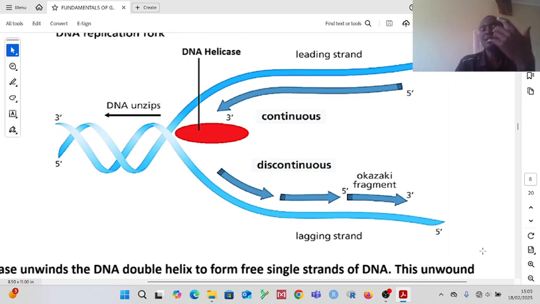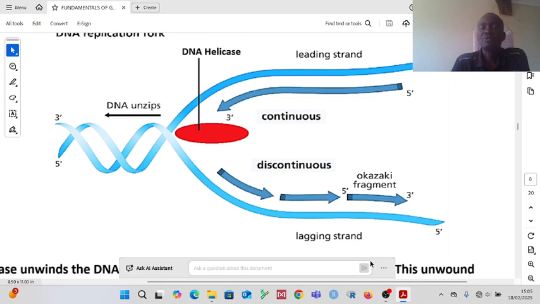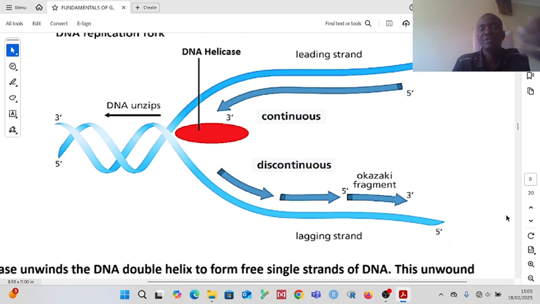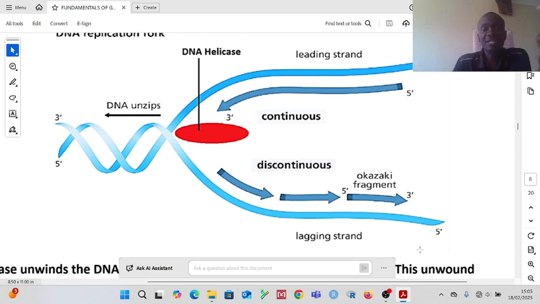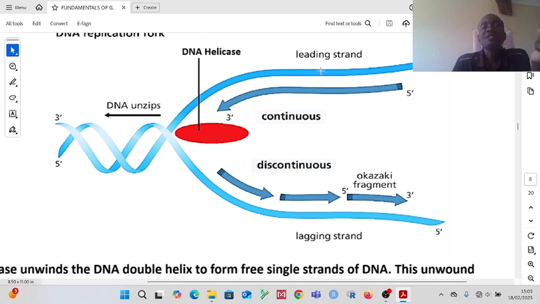Okay, so what you realize at the end of it, we began with just one double strand. But when this process is complete, we will end up with 2 double strands. But there are 2 strands of the double strand which were part of the parental DNA. Okay?